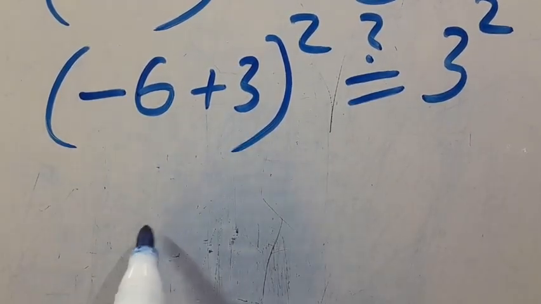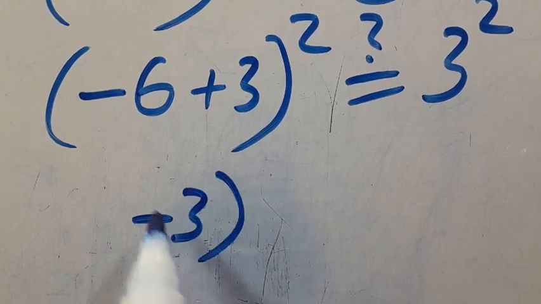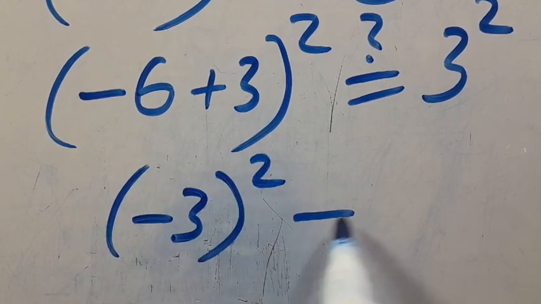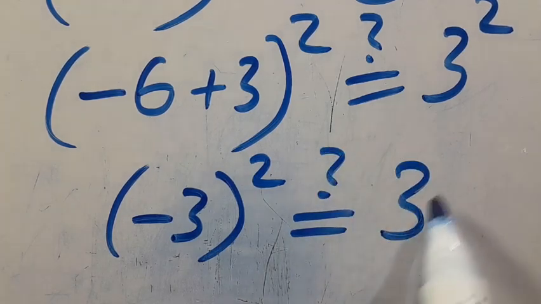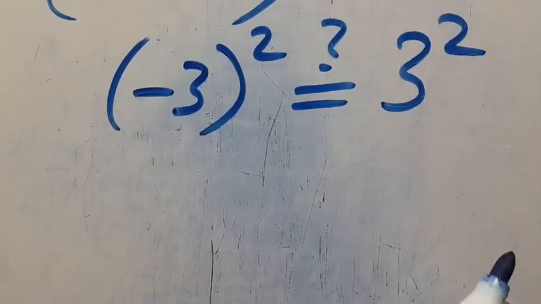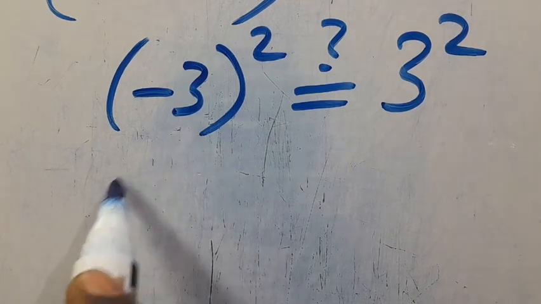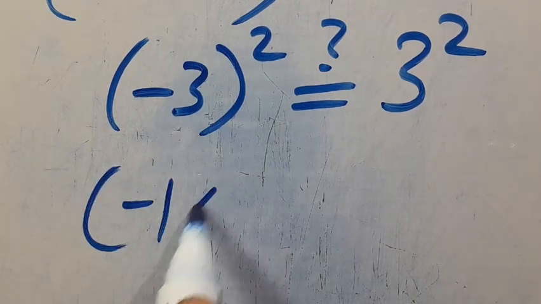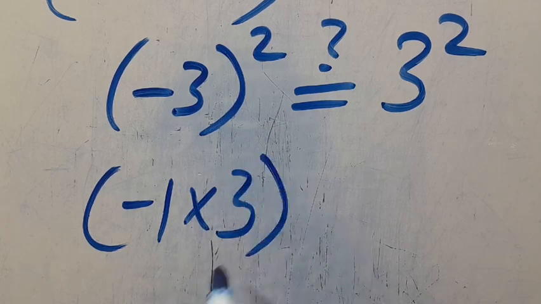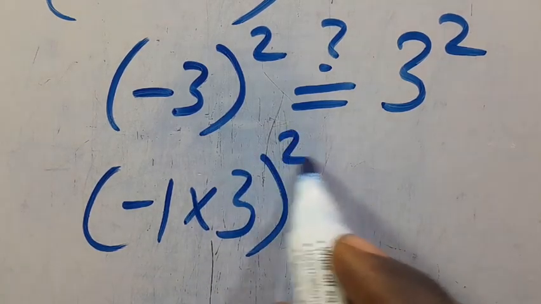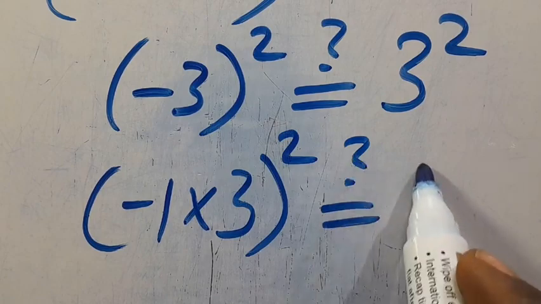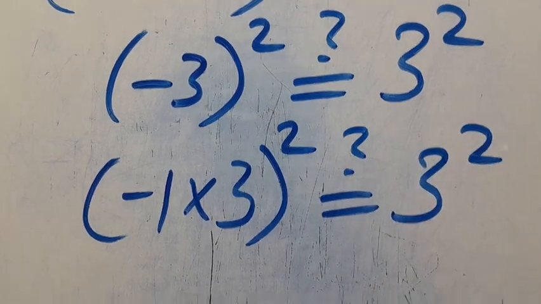Minus 6 plus 3 will give us minus 3 in parentheses to the power of 2, then it's going to give us 3 to the power of 2. Remember that we can simplify this as (-1 times 3)^2, then it's going to give us 3 to the power of 2.